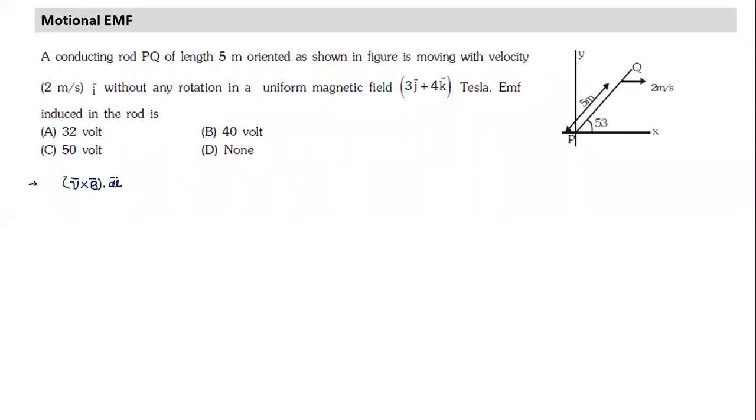And if B is uniform, that same expression, rather than writing dot DL, can be written as V cross B dot L vector. And L vector is the vector going from the initial point to the final point.